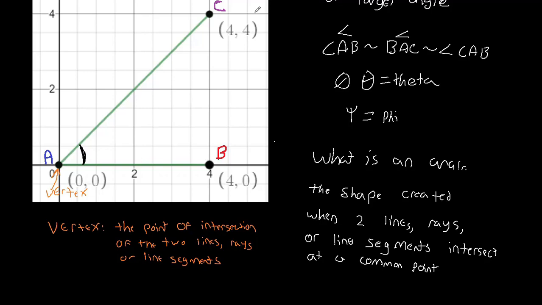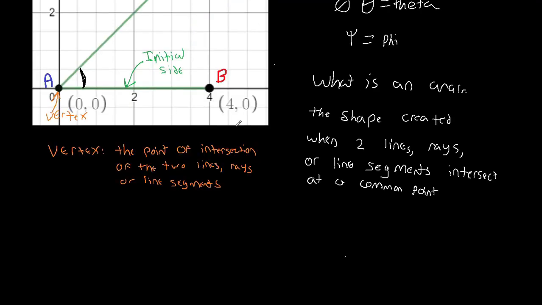A second piece of terminology is what we call the initial side. The initial side is basically just the side, or the line segment, that is fixed.